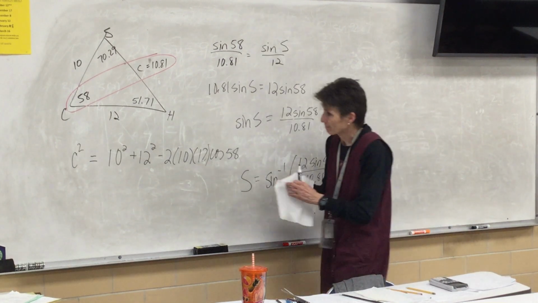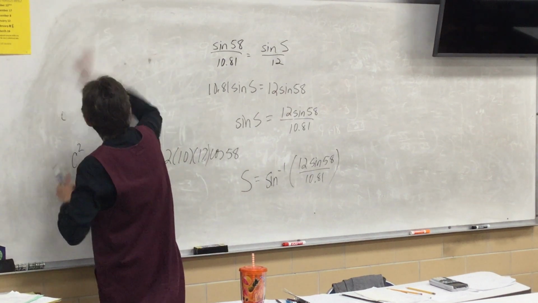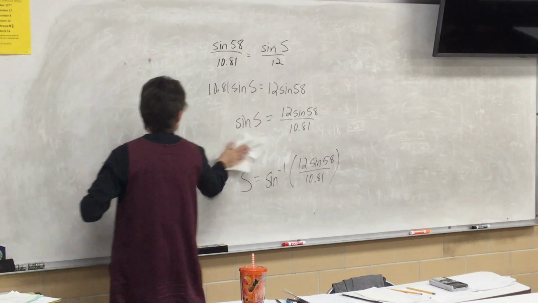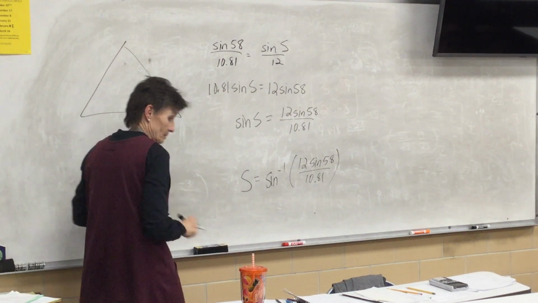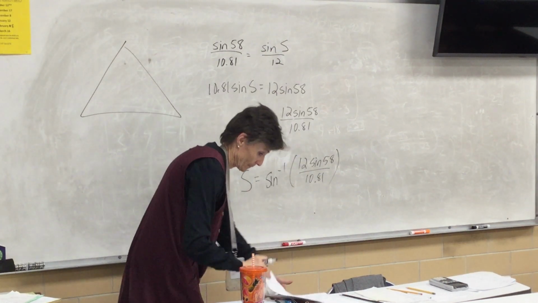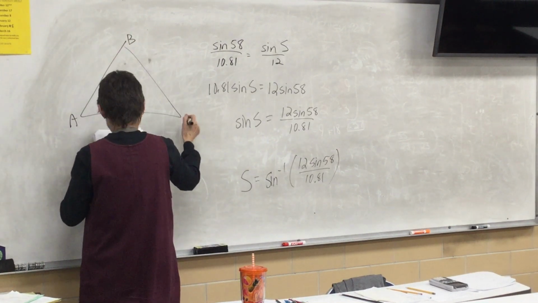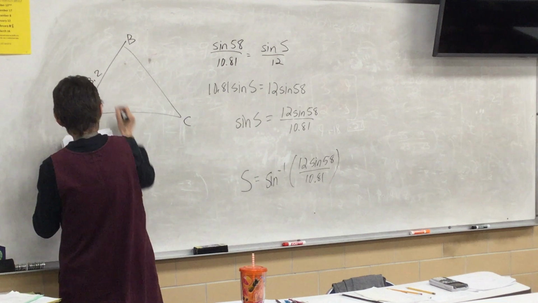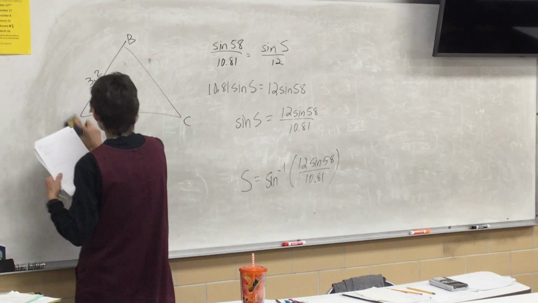Okay, now let's try the next one. The next one, we have all three sides. So 3.2, this is CHS, not ABC.